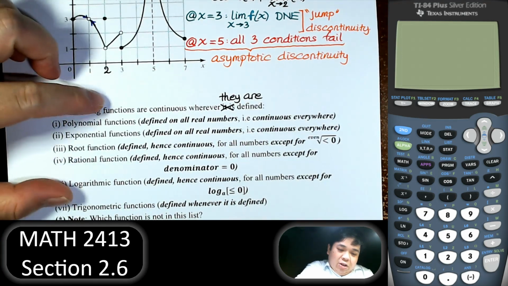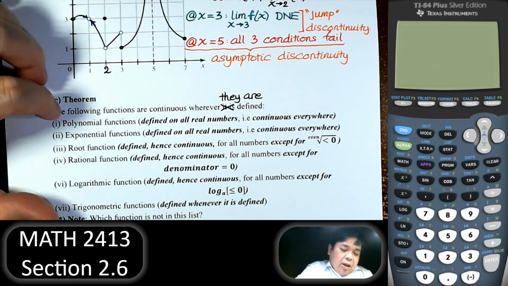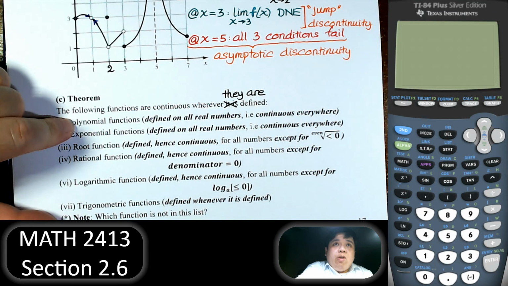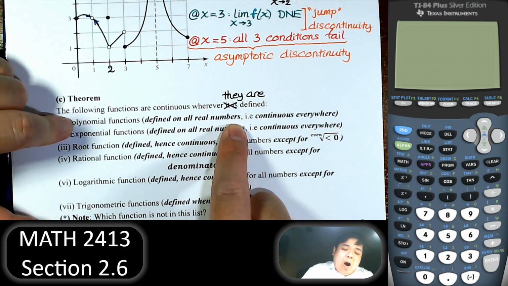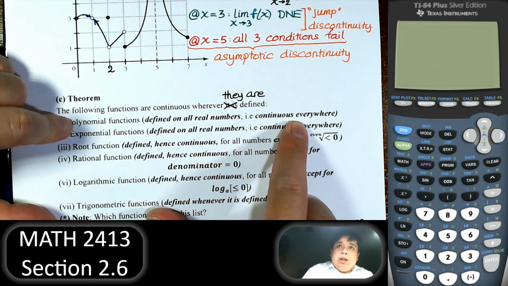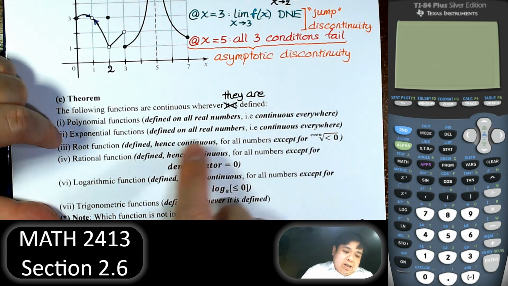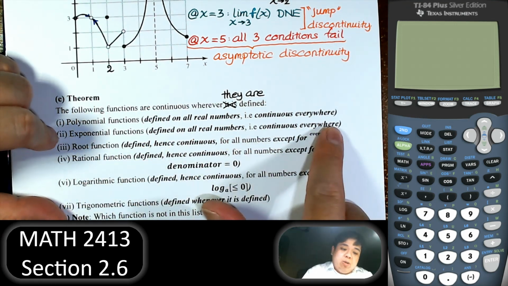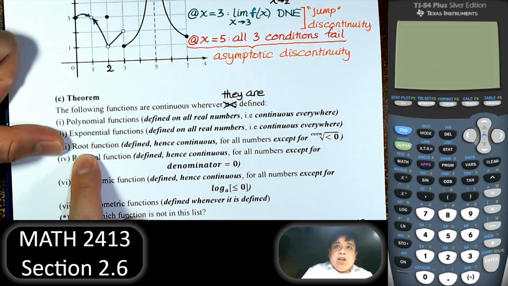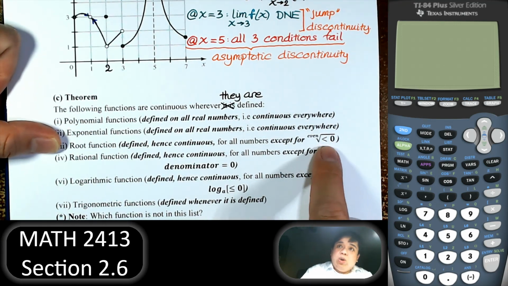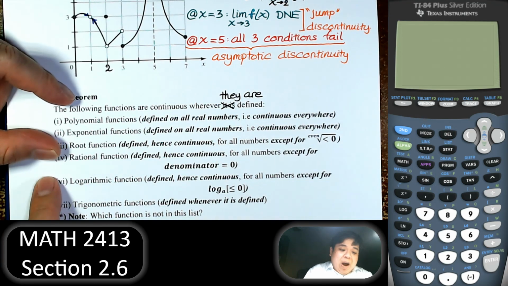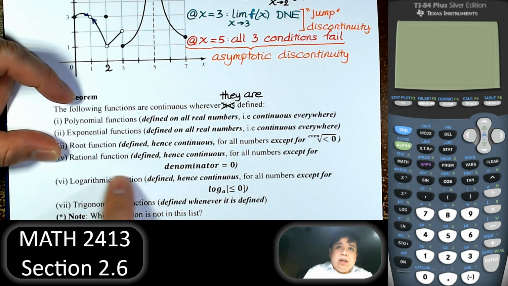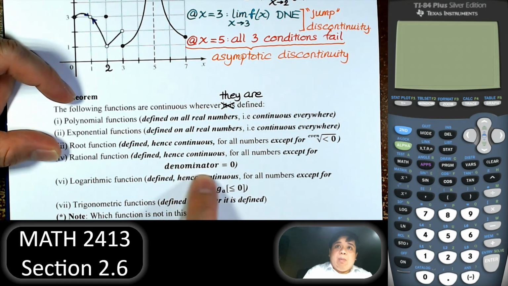The following functions are continuous whenever they are defined. So, polynomial function is defined on all real numbers, so it is continuous everywhere. Exponential function, the same way. The root function, everything is good except when we have the square root of a negative number. That gives us imaginary.